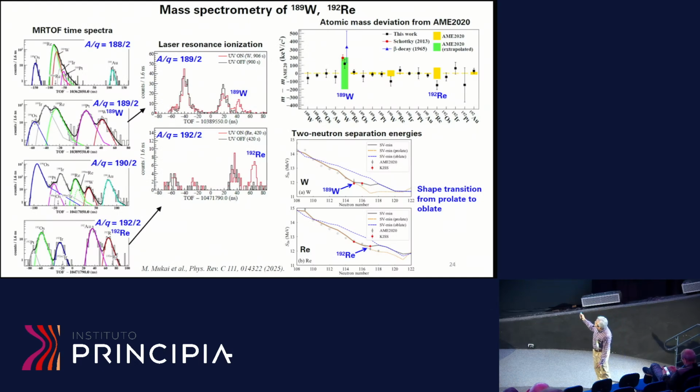Using this mass data, we could deduce the two-neutron separation energies for tungsten and rhenium as a function of the neutron numbers. So we could confirm the shape transition from prolate to oblate. The red lines indicate the two-neutron separation energies assuming prolate deformation, and blue indicates those assuming oblate by the theory. And we can see the transition from prolate to oblate around rhenium-192.